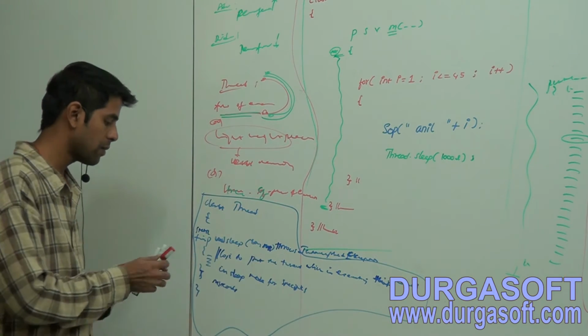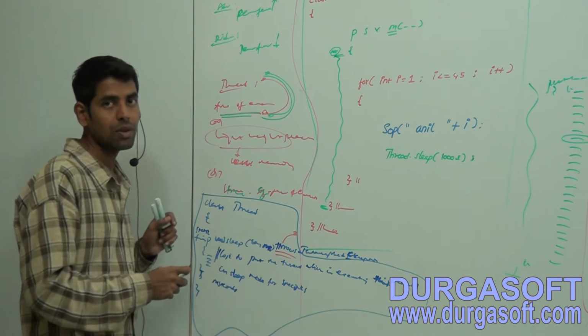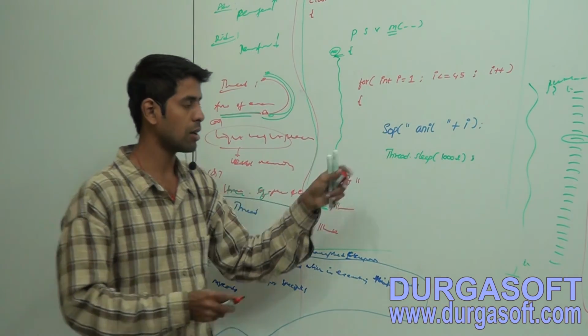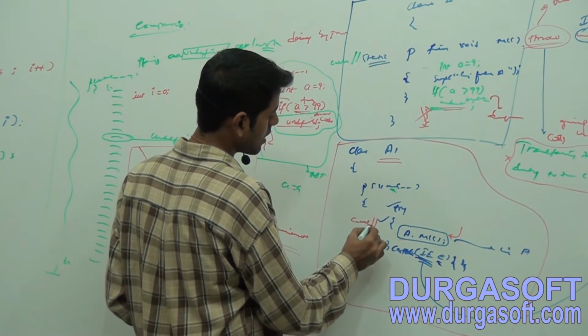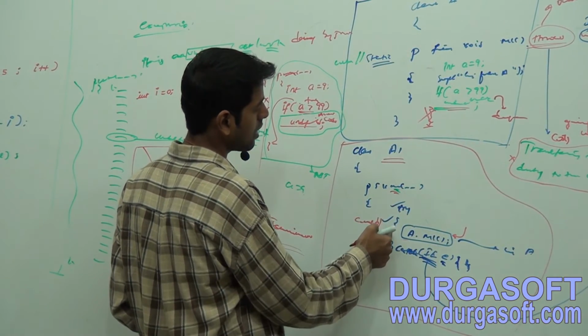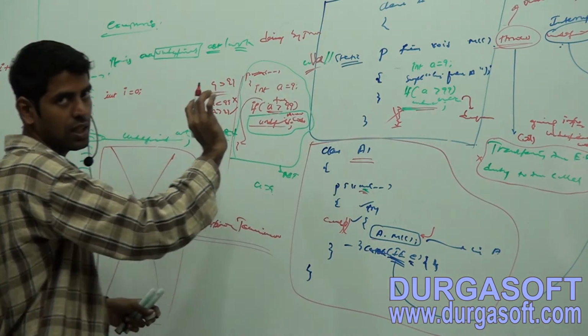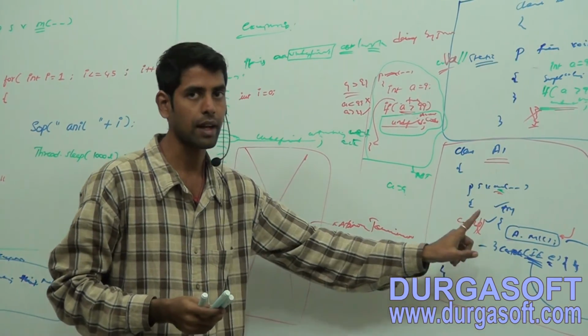Throws means informing the caller about one undefined activity code. This method is the caller. Observe here, this main method is the caller of this m1. This is calling. Now what does this caller have to do? It has to put try catch blocks.